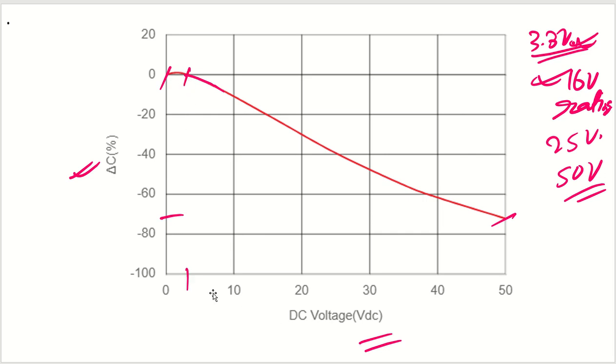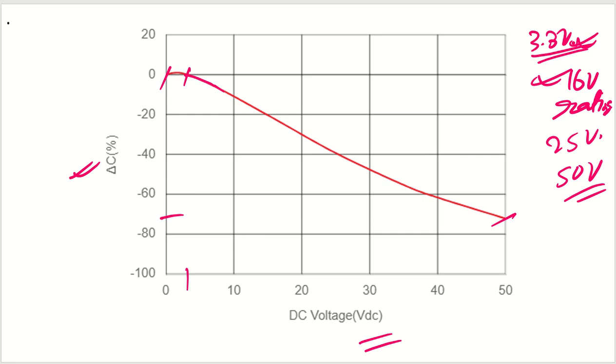But as you keep increasing the DC voltage, the capacitance is decreasing. So with an increase in the applied voltage, the capacitance value decreases. You have to make sure that for the capacitor value you have chosen, the voltage rating is enough that at the applied voltage the capacitance value is not decreasing.